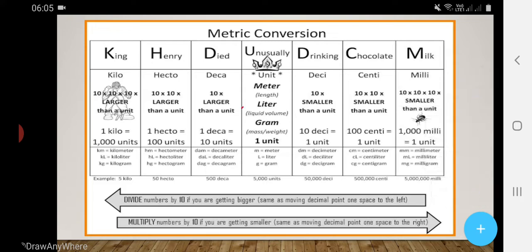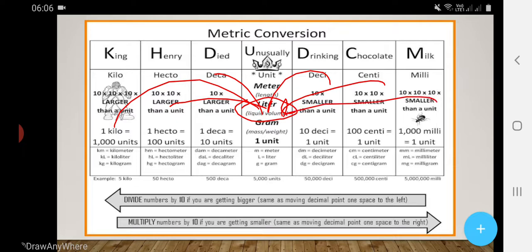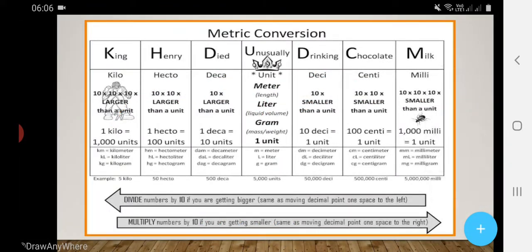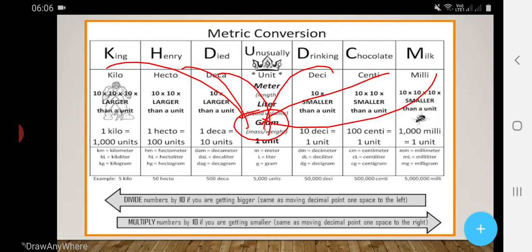If I want to measure liquid volume, then I use litre, L-I-T-R-E, that is kilolitre, hectolitre, decalitre, decilitre, centilitre, millilitre. If I want to measure the mass or weight of a thing, of a person, of any grocery items, then I use gram, that is kilogram, hectogram, decagram, decigram, centigram, milligram.